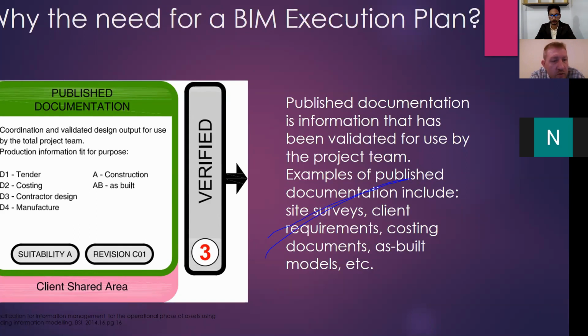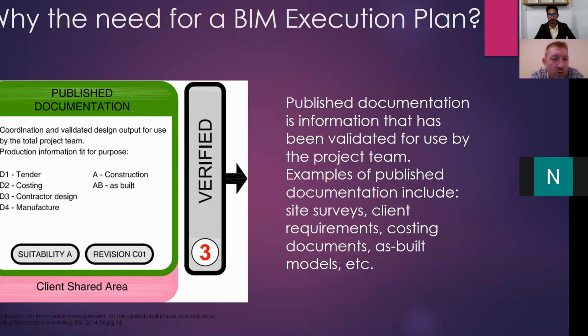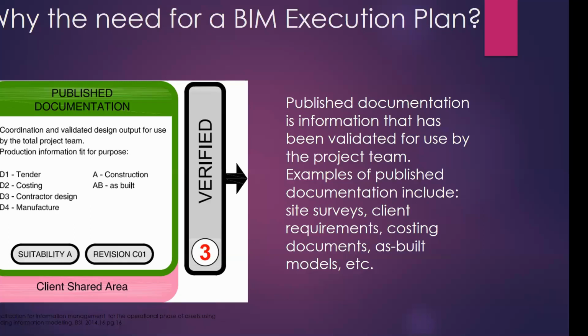So it's very important to identify what information is embedded in the model and how this information goes from work in progress to shared to a published document. And when you reach the phase that is published documentation, and you have identified all the steps, and you have identified the project team, and all the information has reached maturity, you still can do revisions, okay?